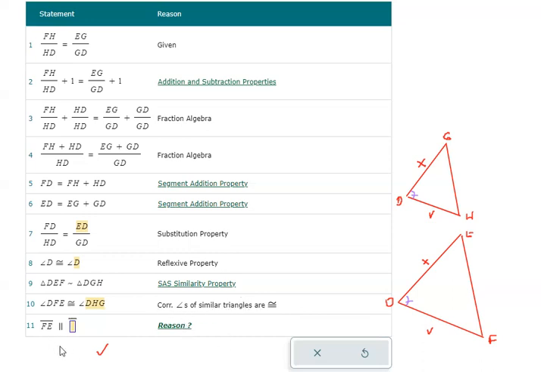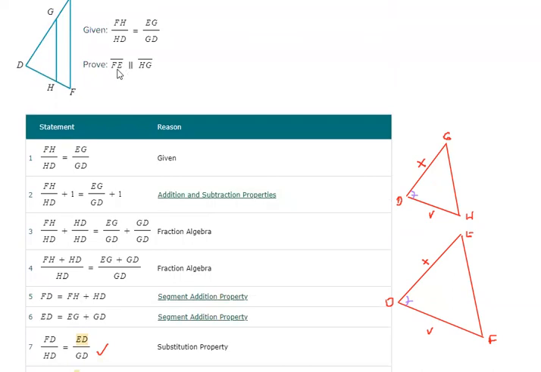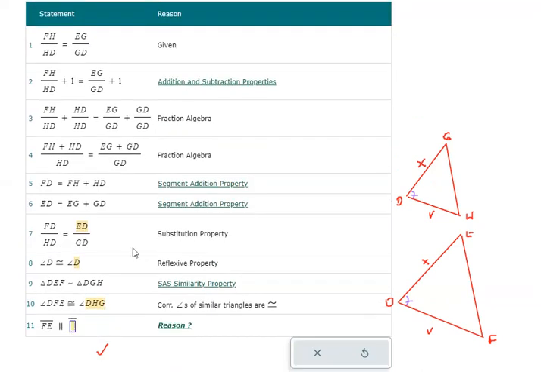And from here, we can say all three sides are proportional. Since we already know two sides were proportional, and then we proved that the triangles are similar, the third side, GH and EF, has to be parallel as well. And if you remember, that was actually what we were trying to prove. So it's HG and FE. So we can just say HG and FE are parallel.